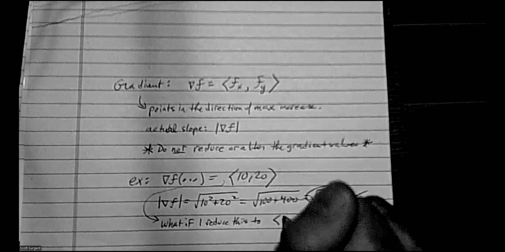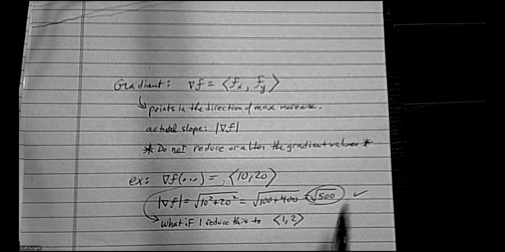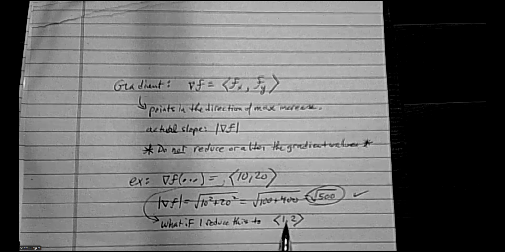Suppose I just say that it looks like 1 and 2. You'll still get credit for correct direction because 1 and 2 points in the direction of 10 and 20. These are actually parallel vectors. So as far as answering the question of what direction is the max slope, that's correct.